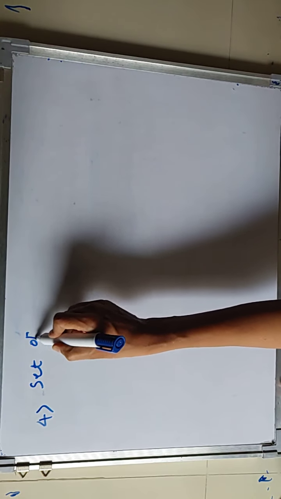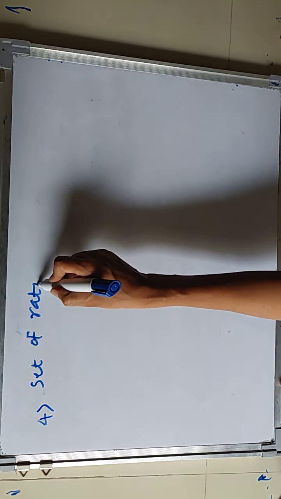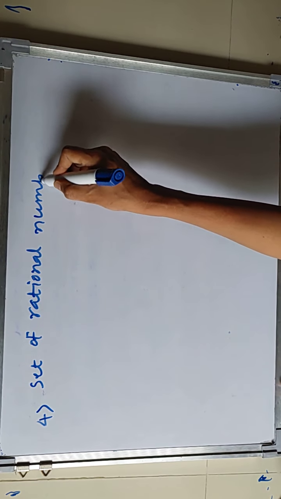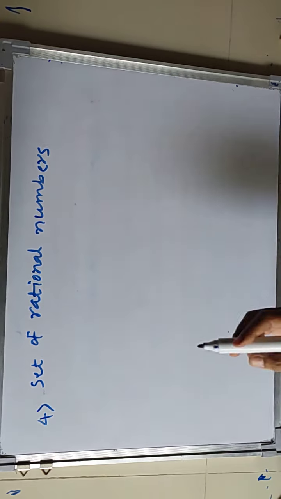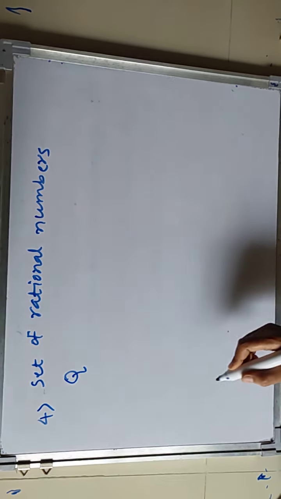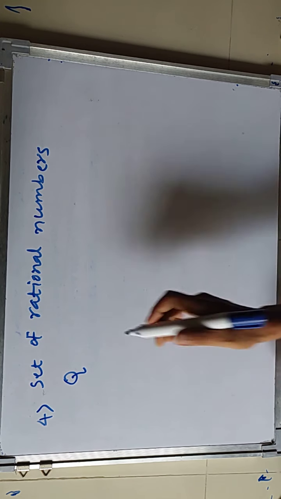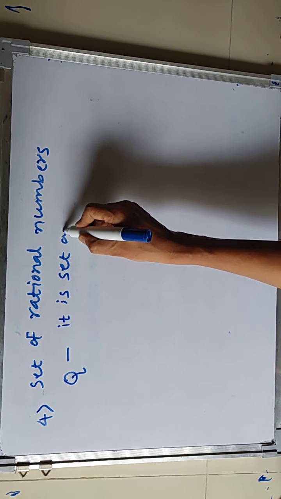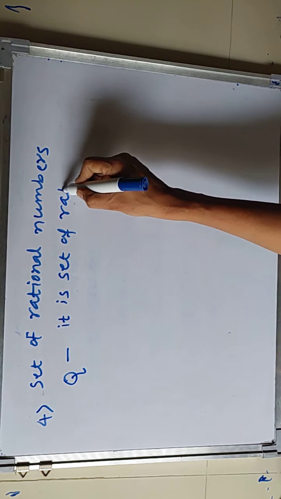A set of rational numbers. It is denoted by Q. I am writing Q. It is a set of rational numbers.